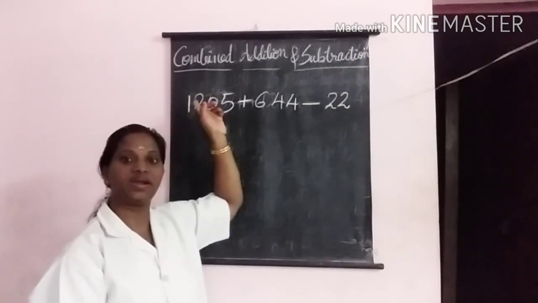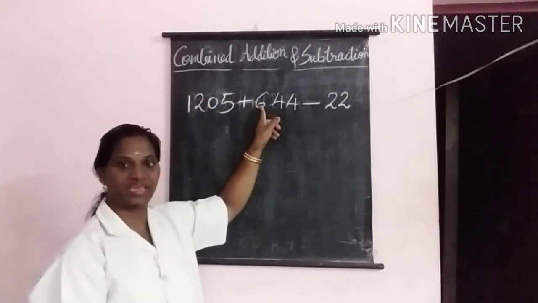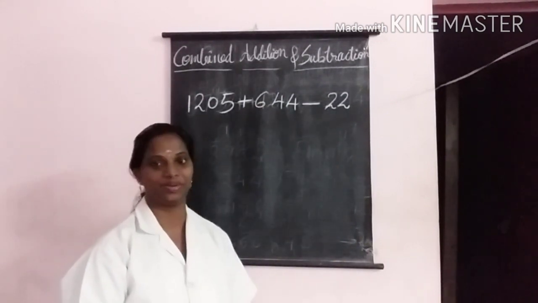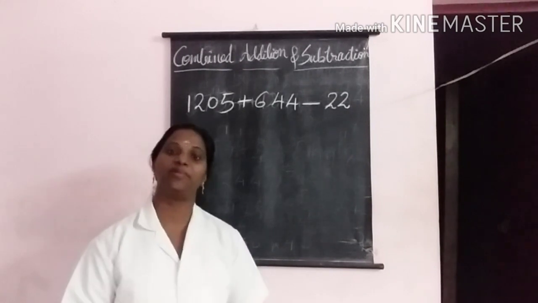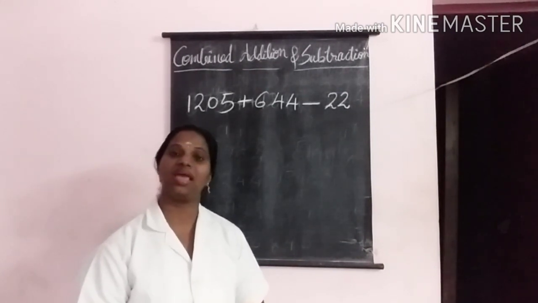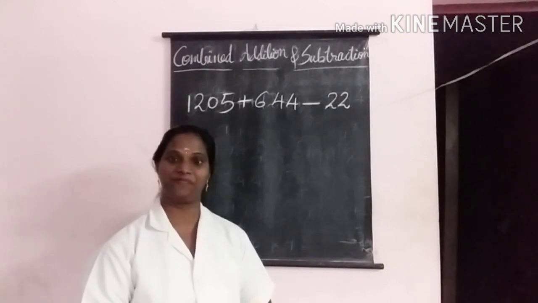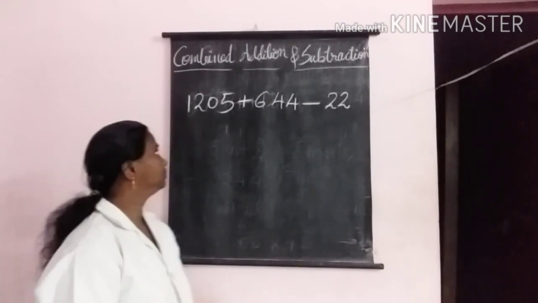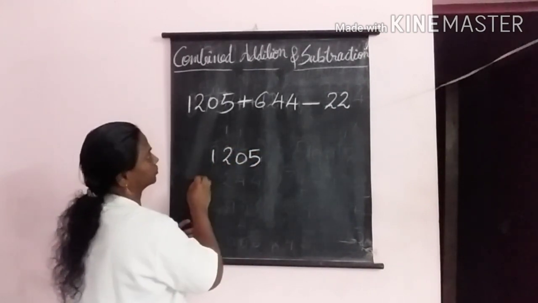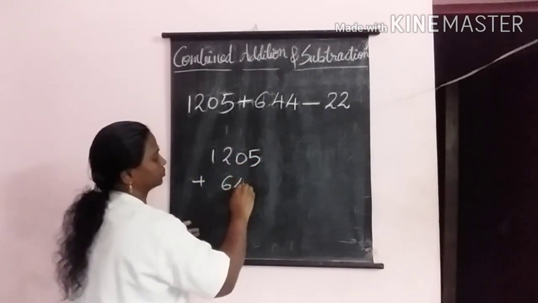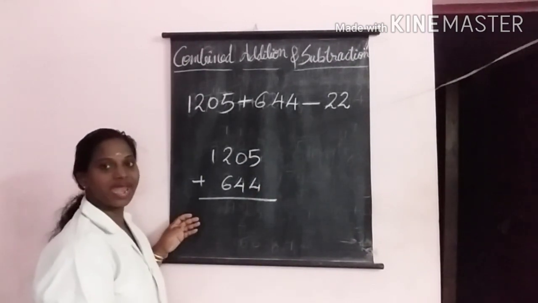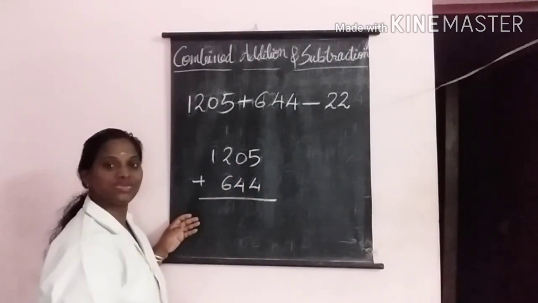Okay, first one 4-digit number, second one 3-digit number, third one 2-digit number. So, what we will do at first? Yes, addition. You can add first two numbers at first. Okay. So, add first these two numbers.